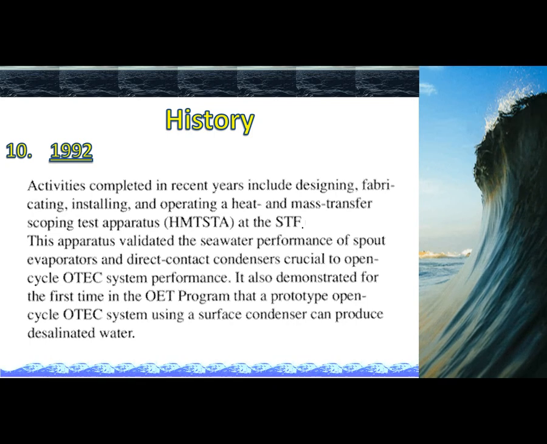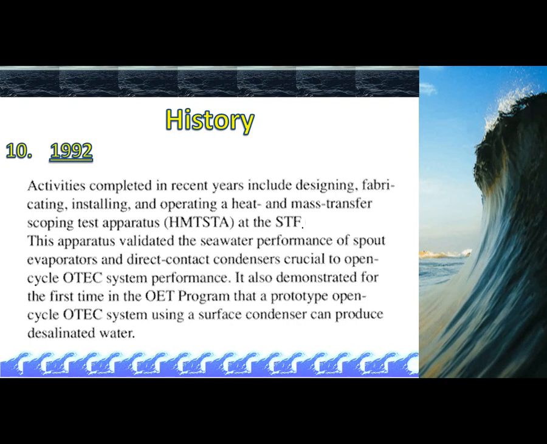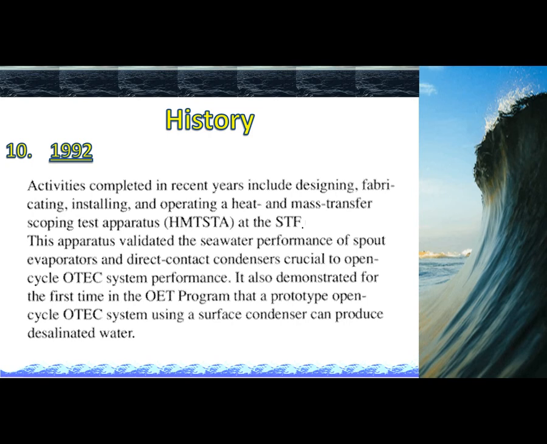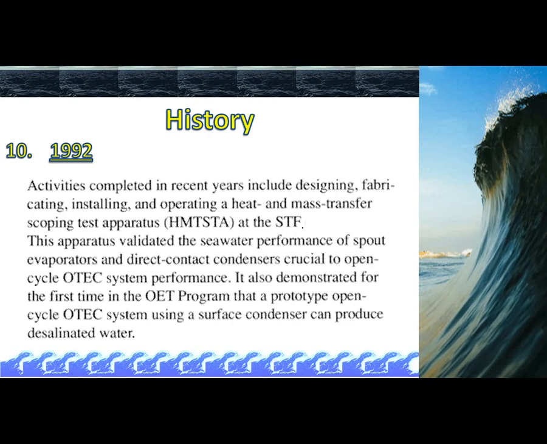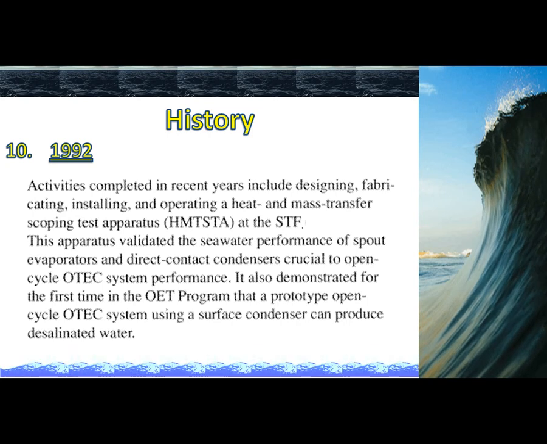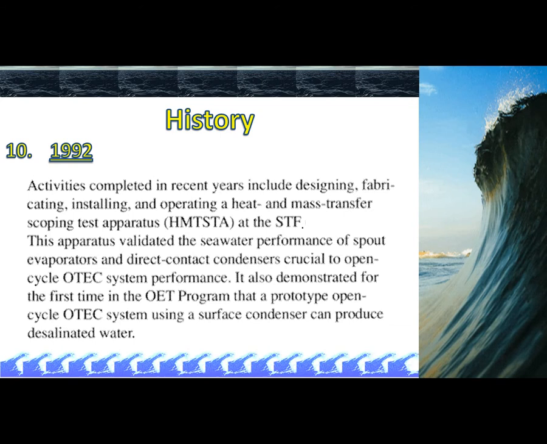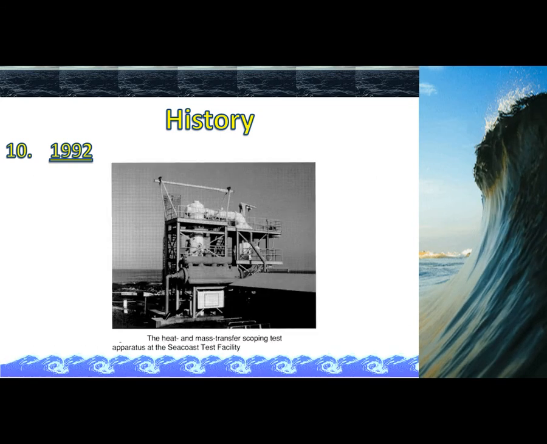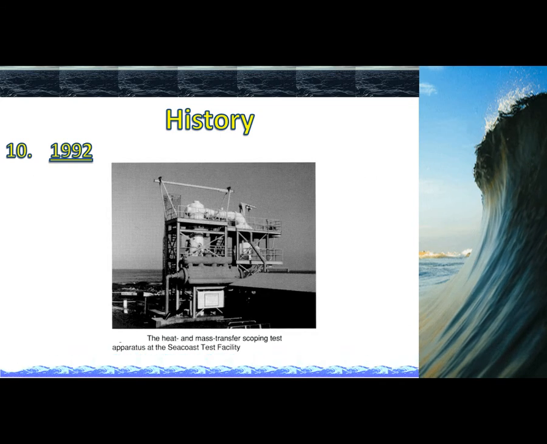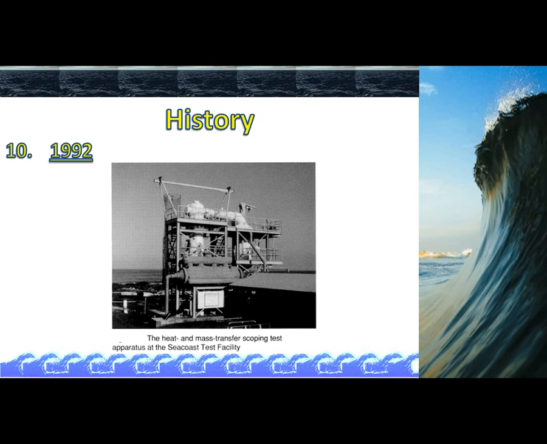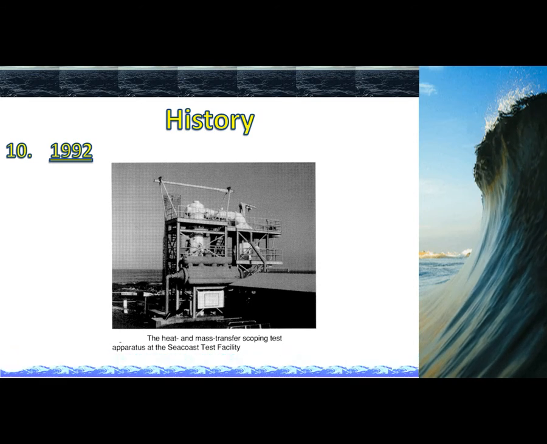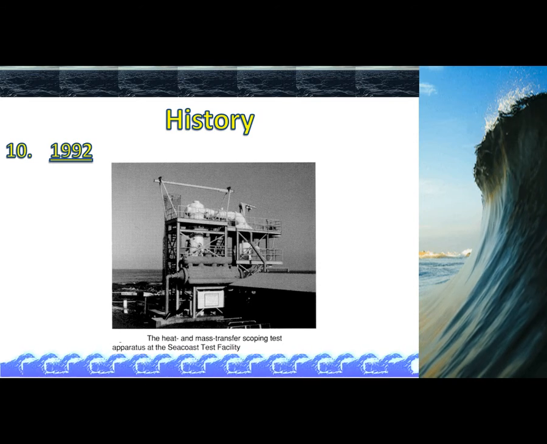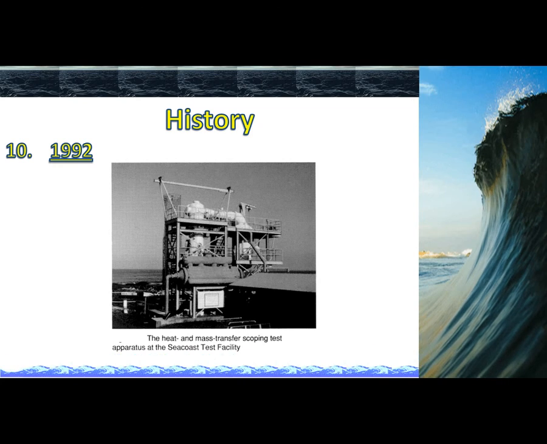It also demonstrated for the first time in the OET program that a prototype open cycle OTEC system using a surface condenser can produce desalinated water. This is the figure of the heat and mass transfer scoping test apparatus at the Seacoast Test Facility.